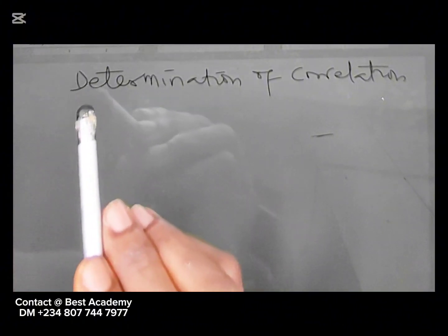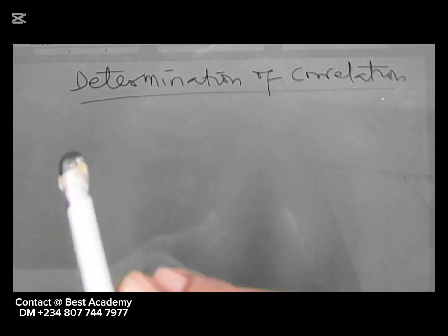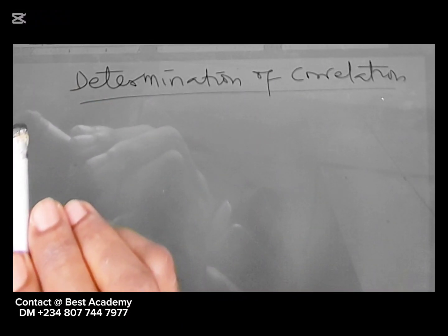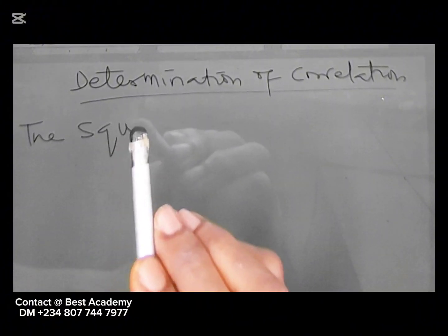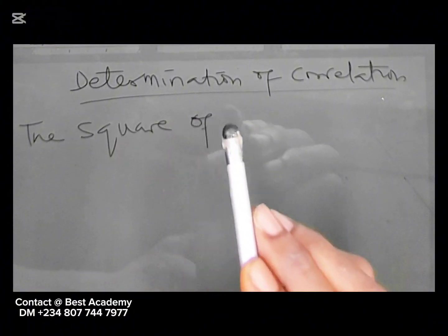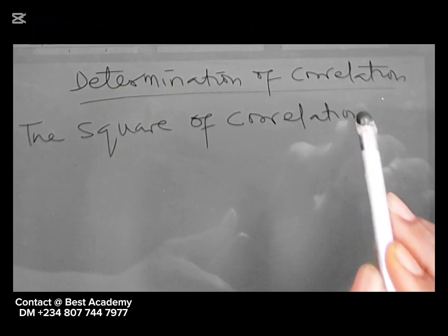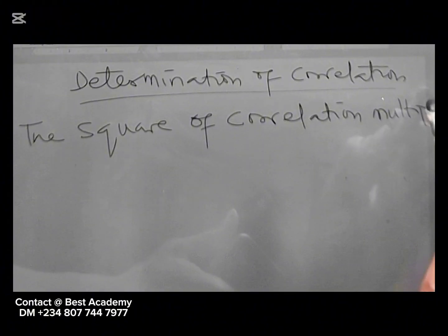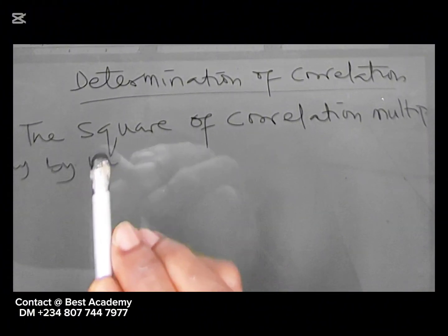So class, in terms of calculating the determination of coefficient, we say that it is the square of correlation multiplied by 100.